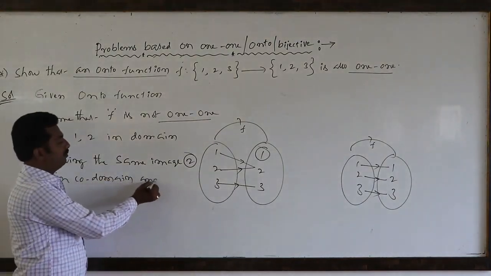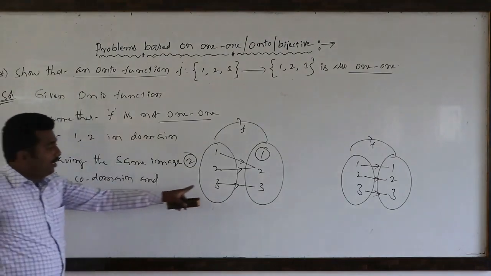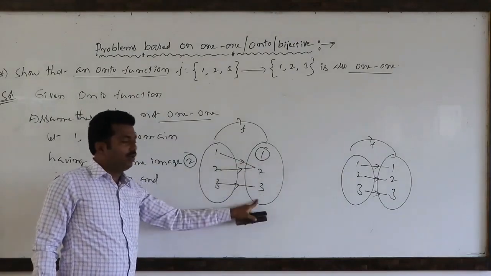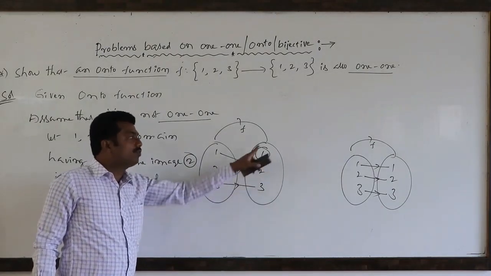And 3 is related to either 1 or 3. Suppose 3 related to 1, means 3 will be left. 3 related to 3, means 1 will be left.